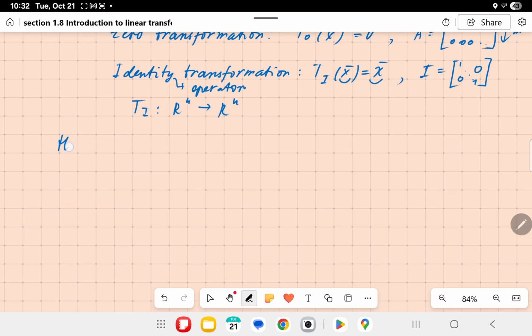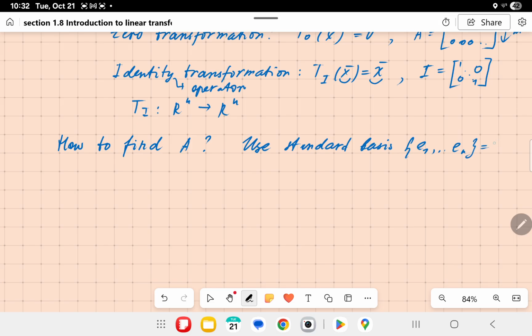So I'm going to write down how to find the matrix of transformation A. To do that, we are going to use the standard basis, which belongs to space Rn.